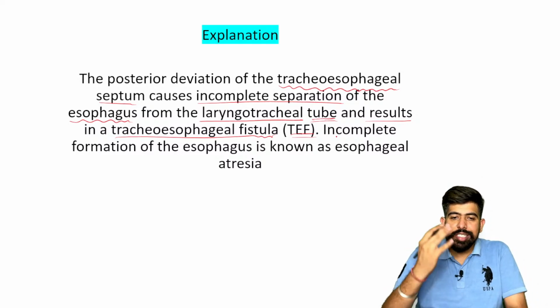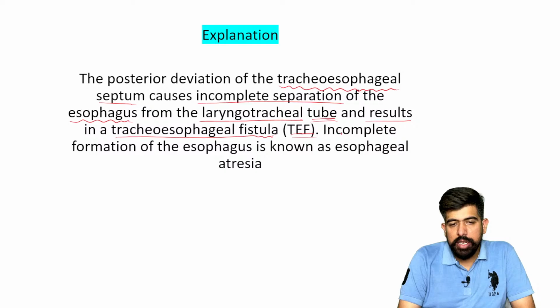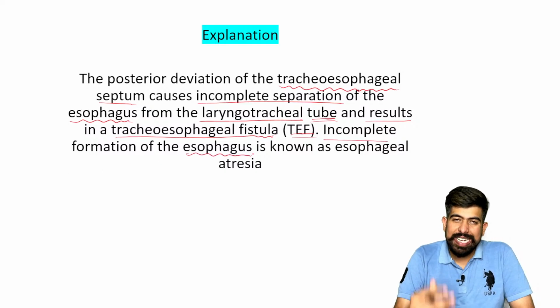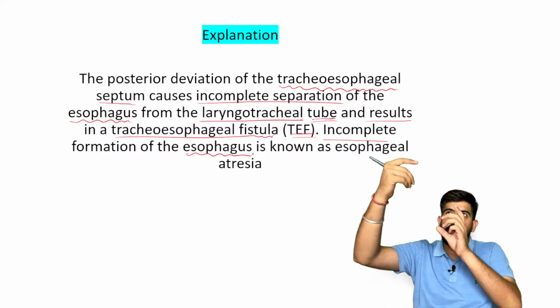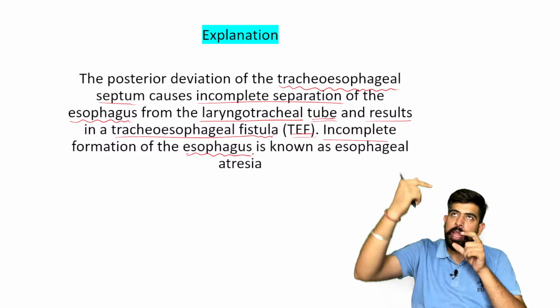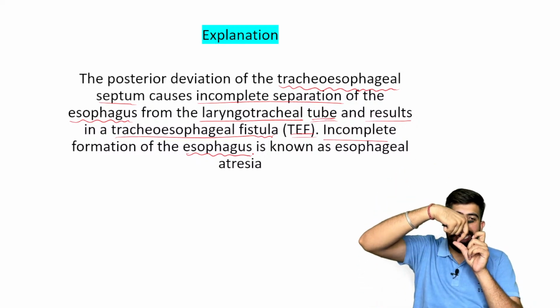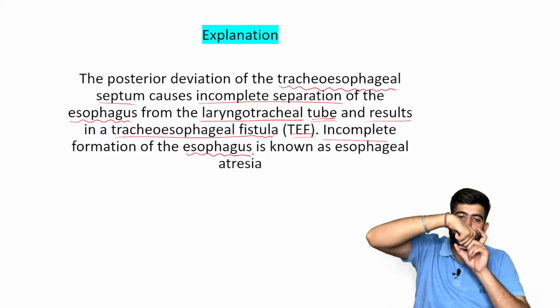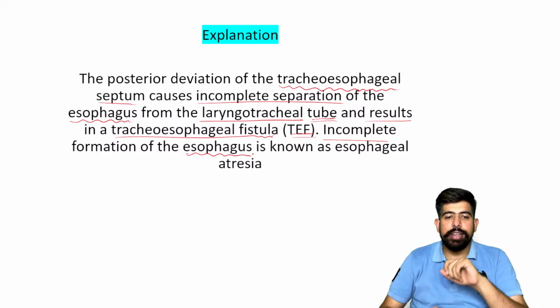Due to this there is incomplete formation of the esophagus. Now as the esophagus is incomplete, when we pass a nasogastric tube inside, it goes in, and as it is blocked over there, it comes back again.